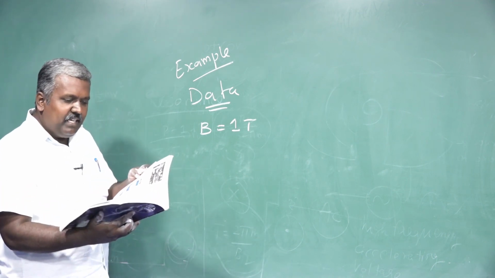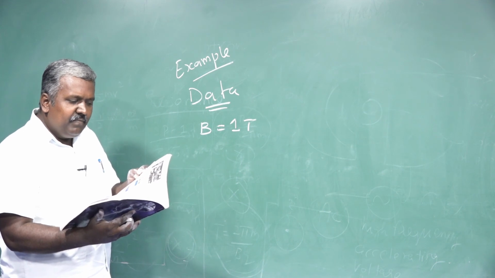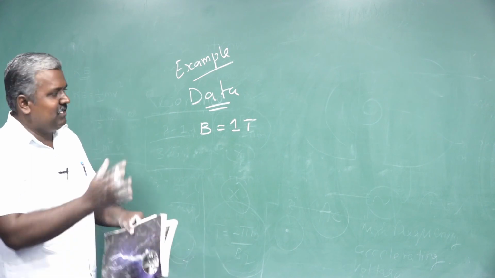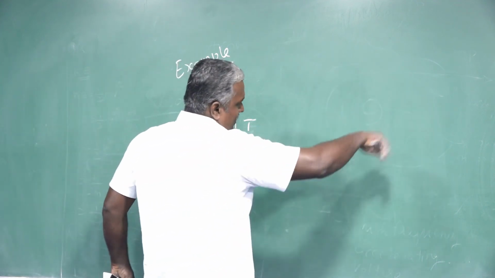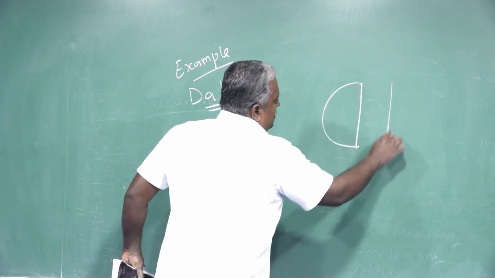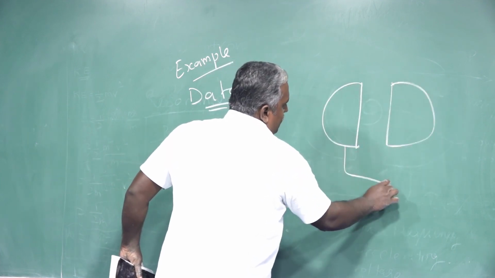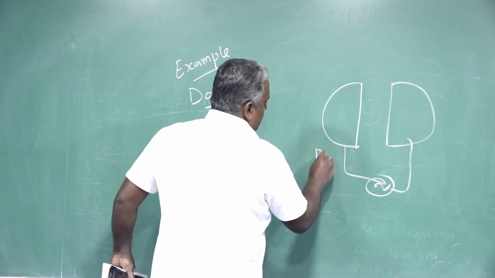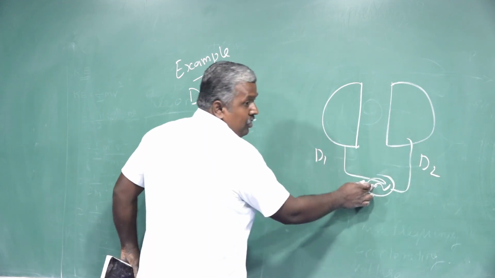Calculate the frequency at which the electric field between the two D's could be reversed. Already done here, okay? These 2 D's are connected to a high frequency oscillator, no?